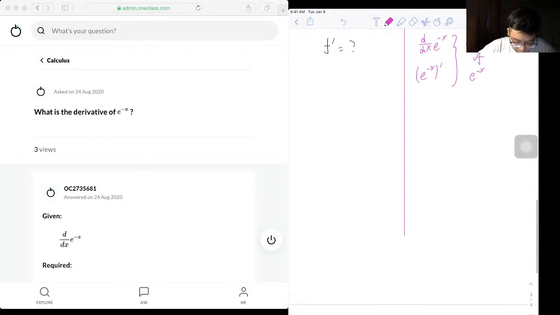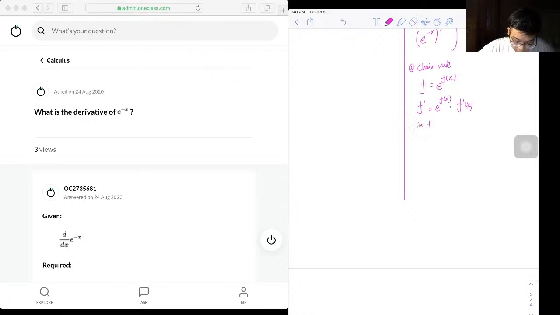And the second thing I want to mention is there exists a chain rule in this question. So if we let f be equal to e to the power of f(x), the derivative of f will be equal to e to the power of f(x) times the derivative of f(x).